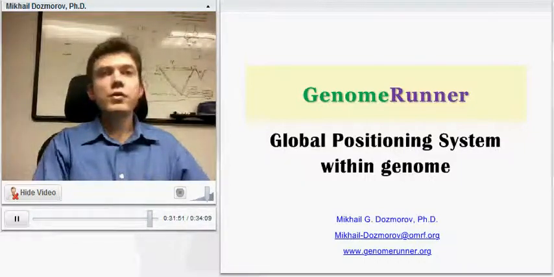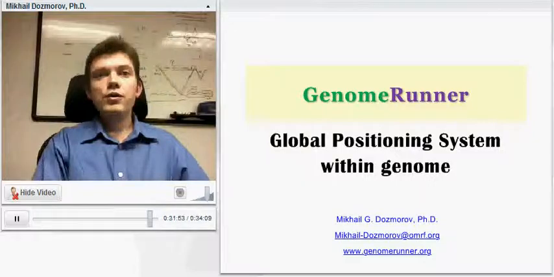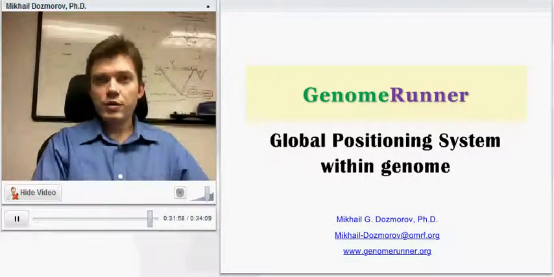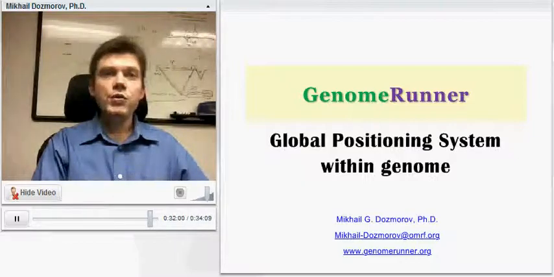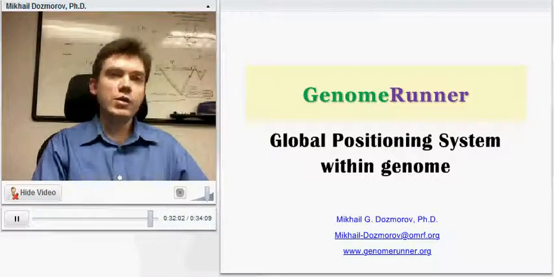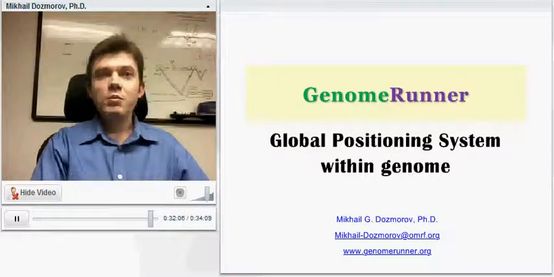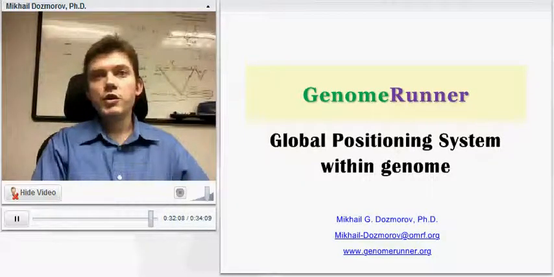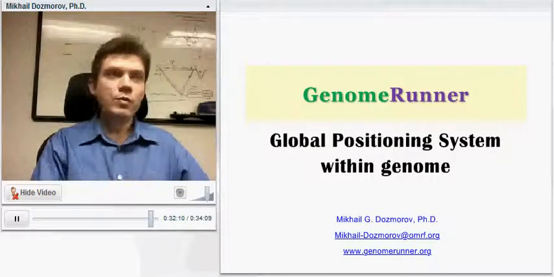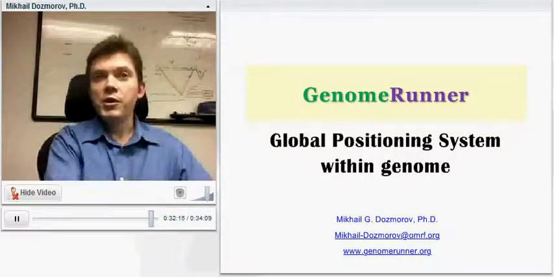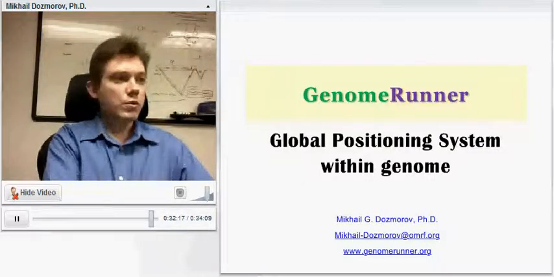Another thing to consider, of course, is which genome assembly you use for your coordinates. For human, the latest genome assembly is HG18 or HG19 already. Genome Runner currently works with HG18. If you want to convert your coordinates, on the UCSC Genome Browser web page there is a tool to do this.